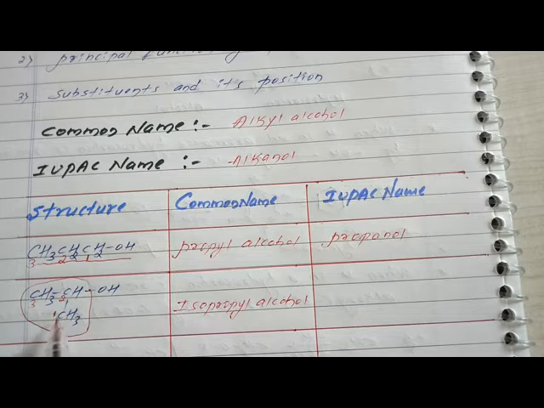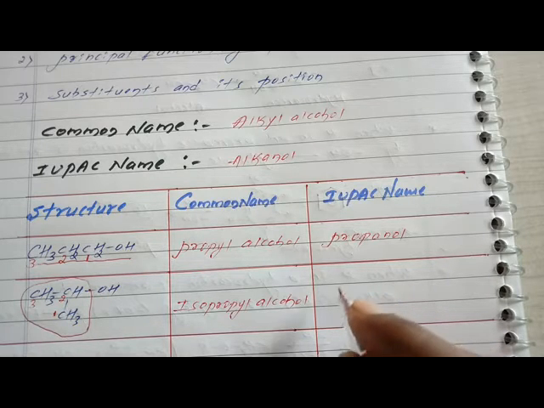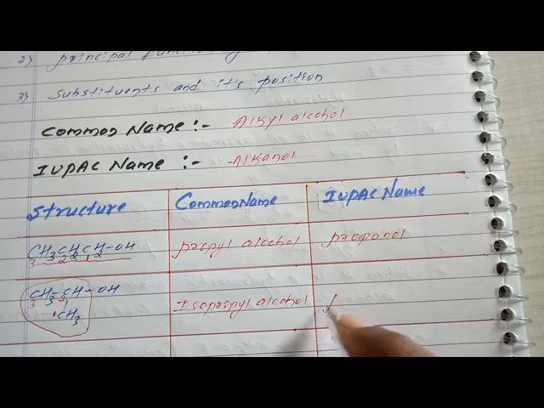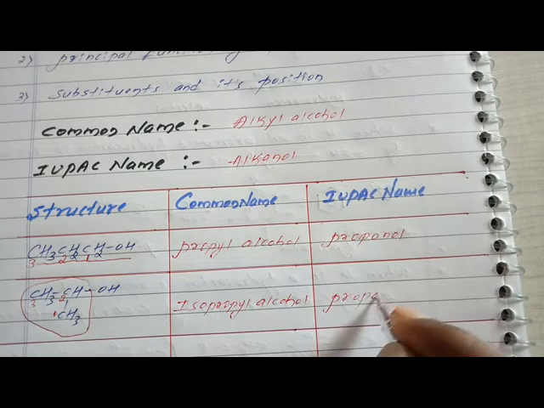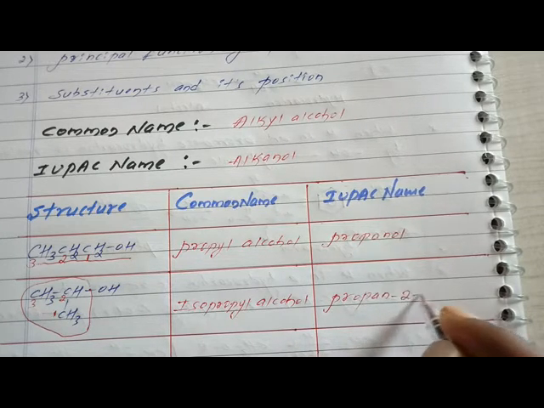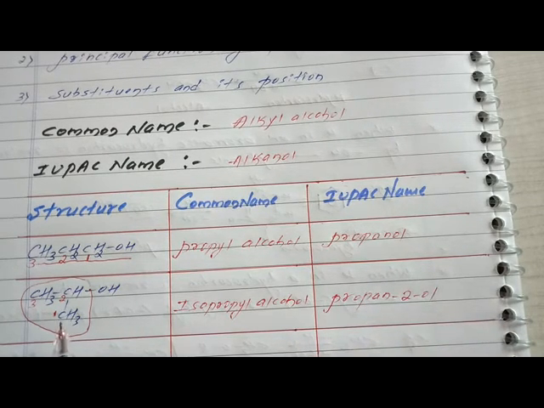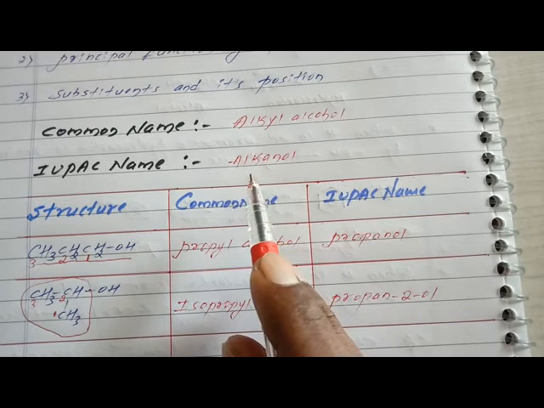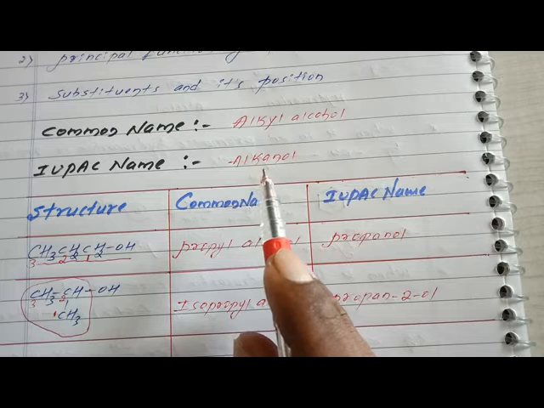So 1, 2, 3: the second numbered carbon is attached to the OH group, and as there are three carbon atoms, we write the IUPAC name as propane-2-ol. As there are three carbon atoms, we write propane, and according to our IUPAC rule we write it in the alkanol manner.